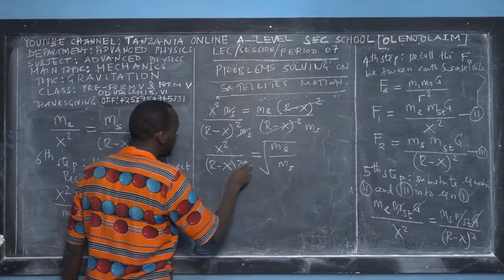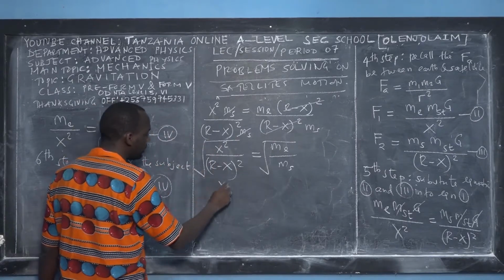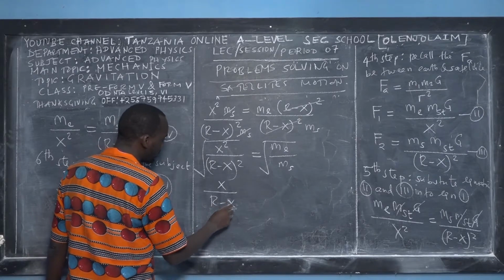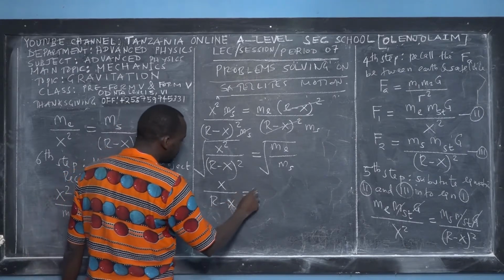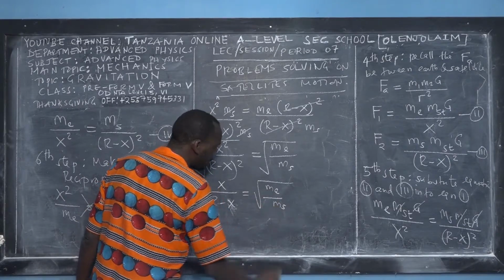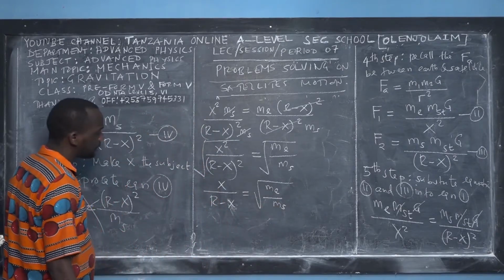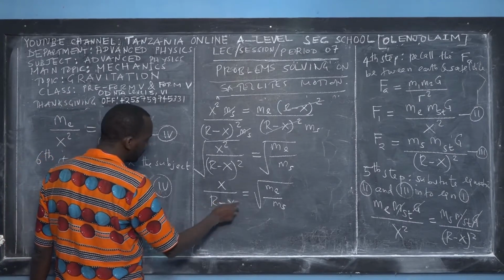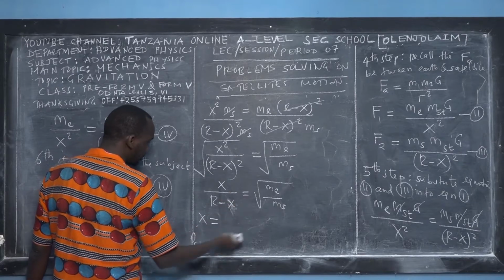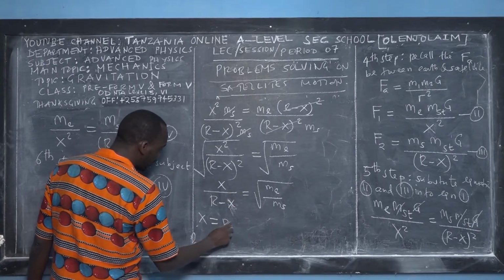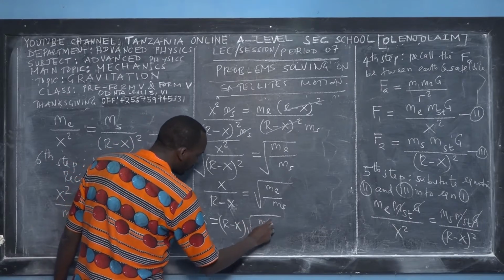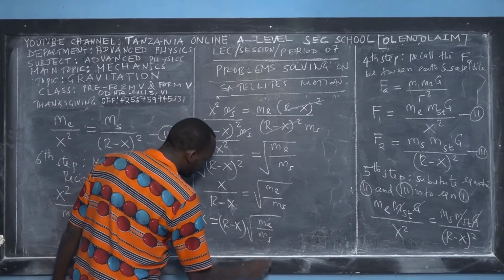So we have to find the square root of both sides. We have x over the distance from the S to the sun, which is equal to the square root of the mass of the S over the mass of the sun. We are still looking for the value of this one, so we can cross multiply: x is equal to r minus x times the square root of the mass of the S over the mass of the sun.